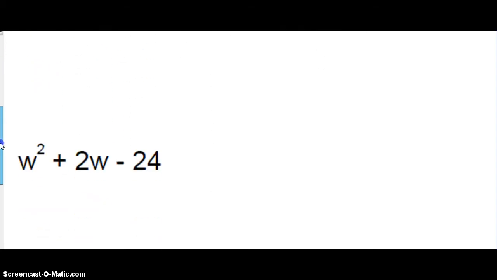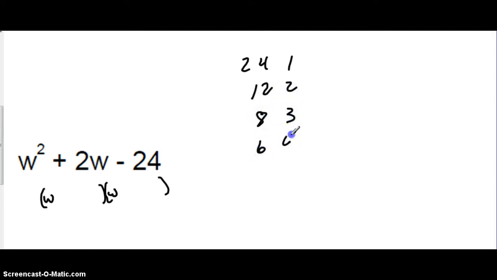Take a look at another one. Here we've got a leading coefficient of 1. So I'm going to write my parentheses, put in my variables, and then find factors of negative 24 that add up to 2. Well, let's see here. We've got 24 and 1, 12 and 2, 8 and 3, 6 and 4.